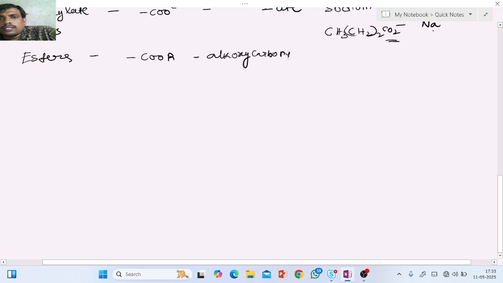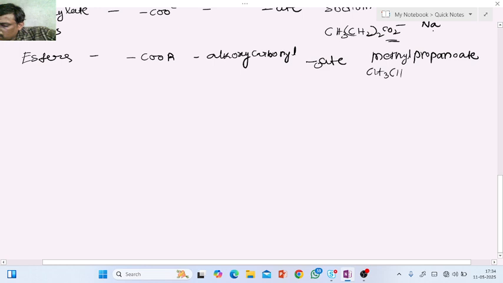Alkoxycarbonyl is the prefix. What about the suffix? -oate can be represented. Okay, -oate. And what will be the example? Methyl propanoate. So what is that? Methyl propanoate.